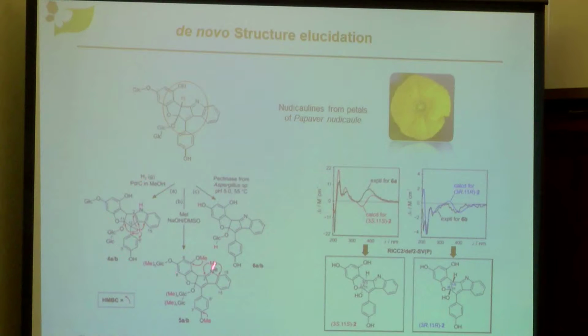So we had to do some derivatization, so hydrogenation, hydrolysis, and methylation in order to introduce more protons in this area, or to make the spectrum more simple. And then we were able to identify this structure, and in cooperation with another group, also the stereochemistry of this compound, the absolute configuration in these two positions.